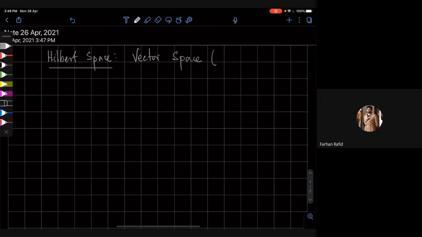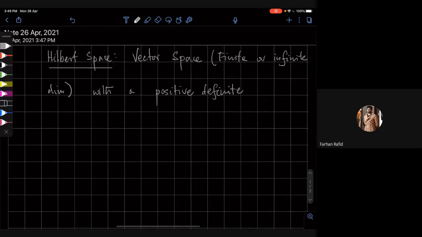And the space can be finite or infinite dimensional, right? And the thing that it must have is an inner product, I should say with a positive definite, or semi-definite, I don't know what it is.